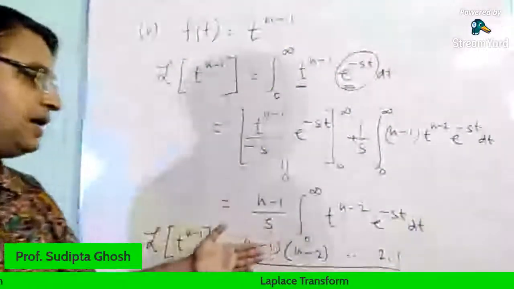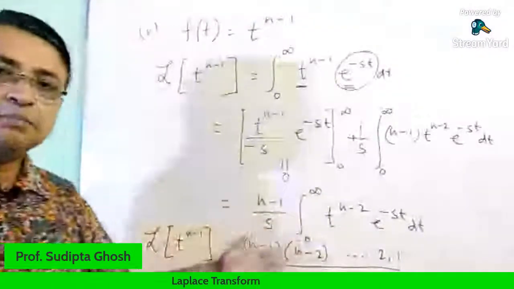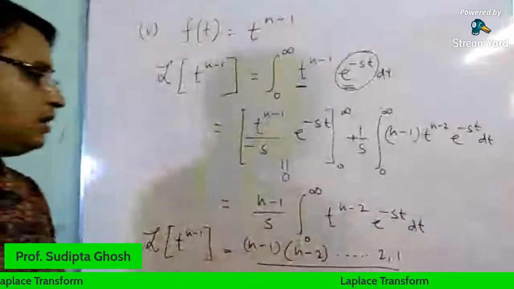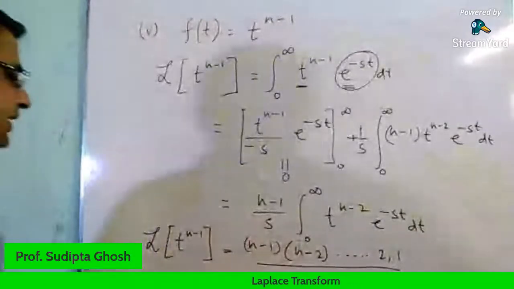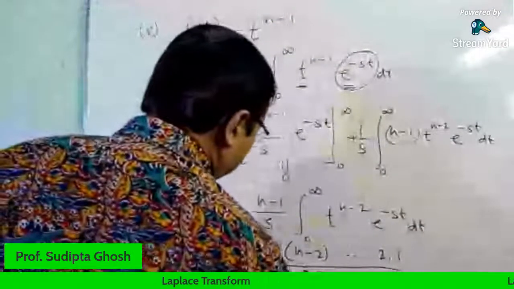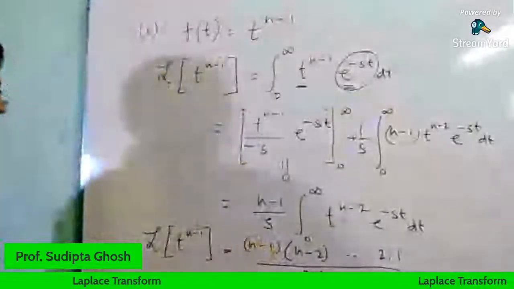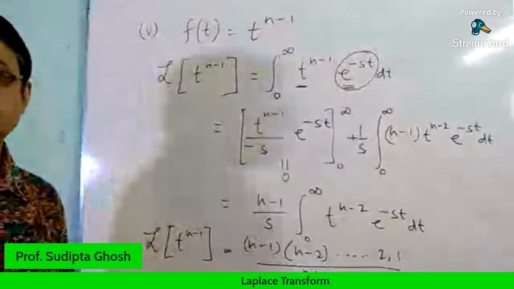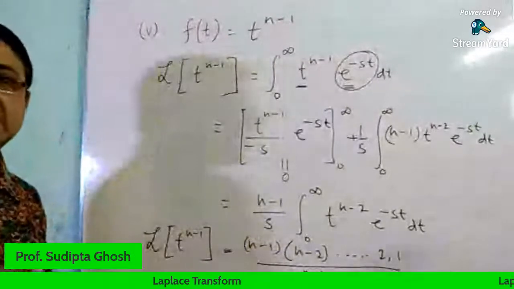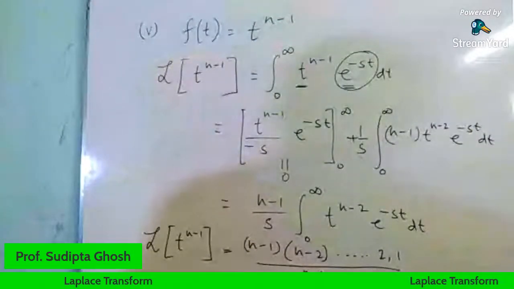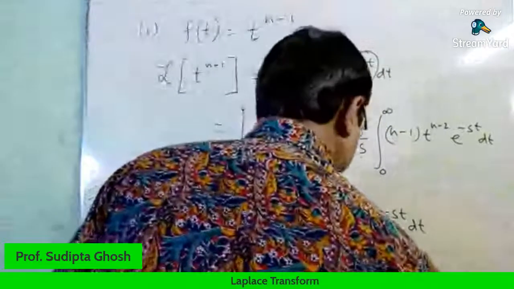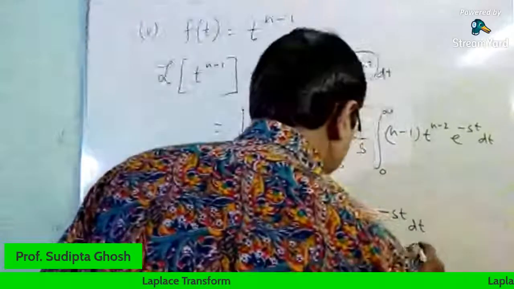So every time a s arrives here, so this s becomes s to the power n minus 1, because the first integration of t to the power n minus 1 gives me a s, and proceeding in the similar manner, it becomes integral of 0 to infinity.